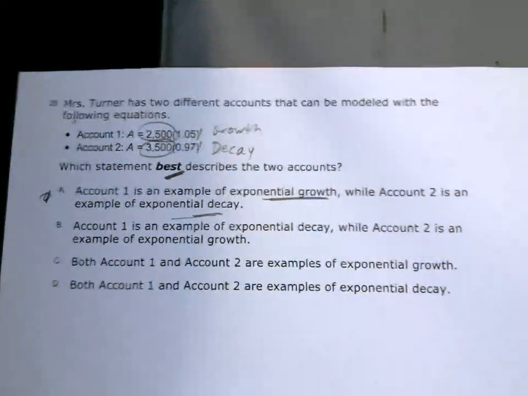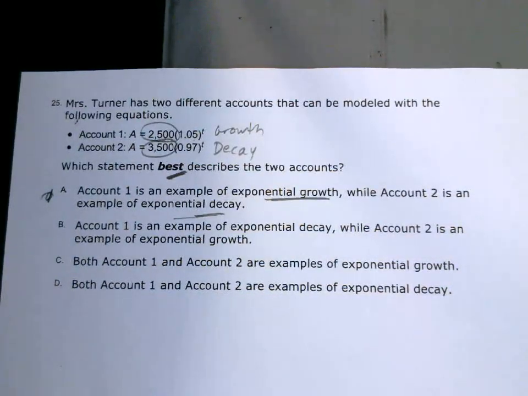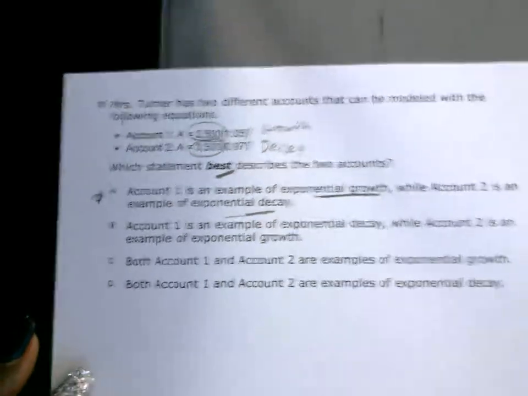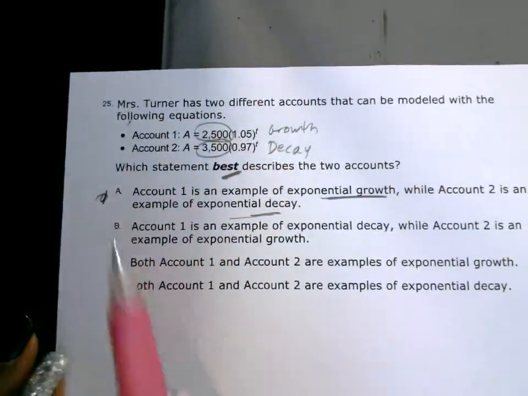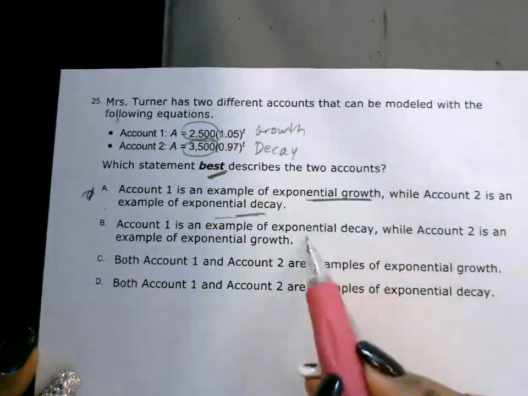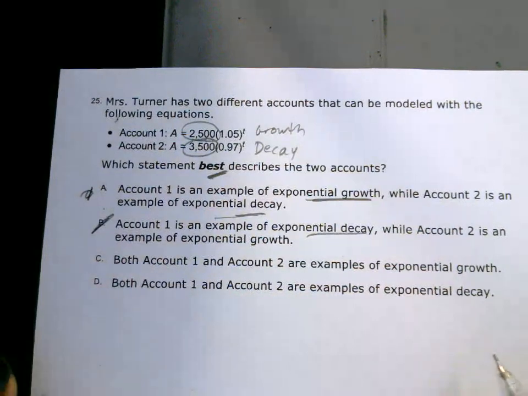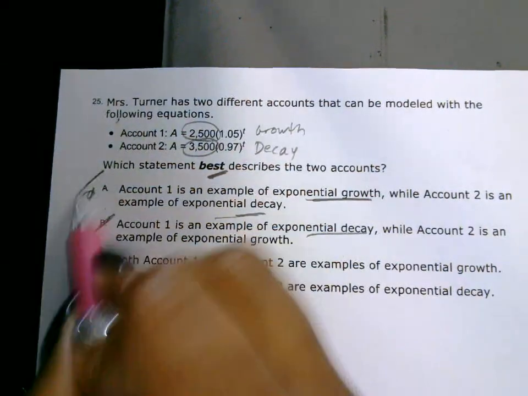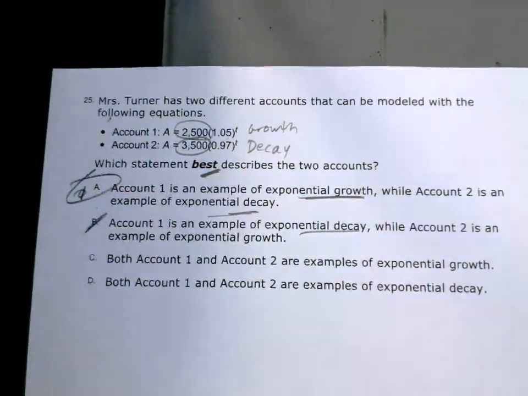The second one is a good answer, but we want to make sure it's the best answer. Account one is exponential decay. It is not. Both accounts, account one and account two, are examples of exponential. No, and both are no. So the best answer is A.